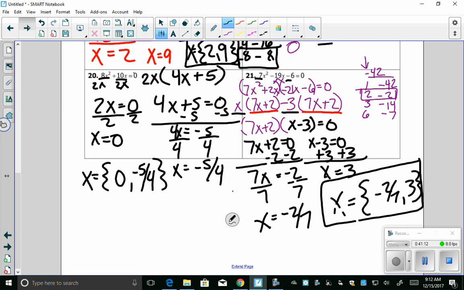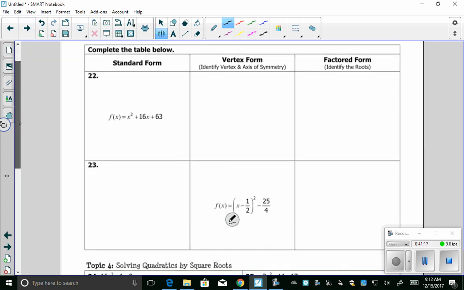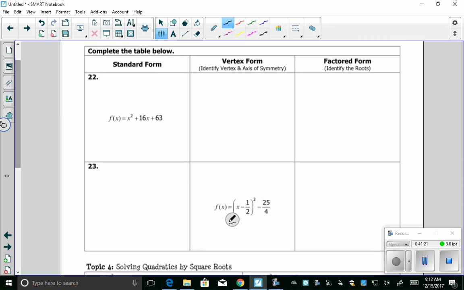Okay. The next thing that we're going to talk about is completing the table. So they want us to go from standard to vertex to factored form.